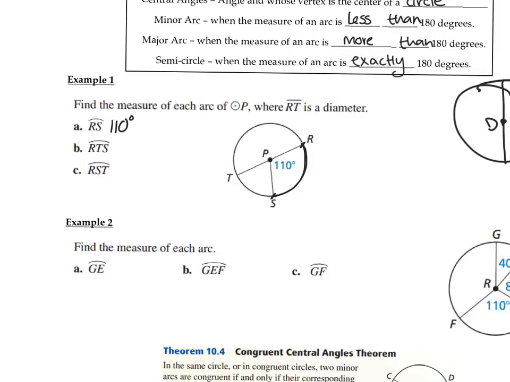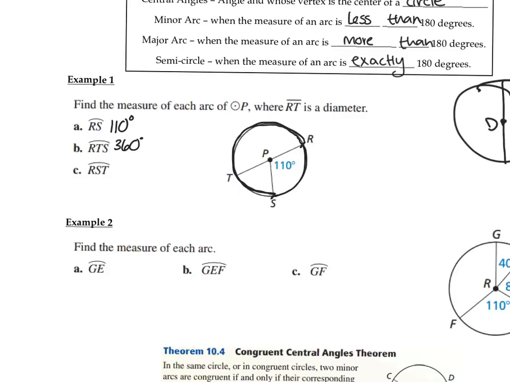Okay. Now, if we look at RTS, that's going to be 360 degrees minus 110, because we know that a full circle is 360 degrees, right?